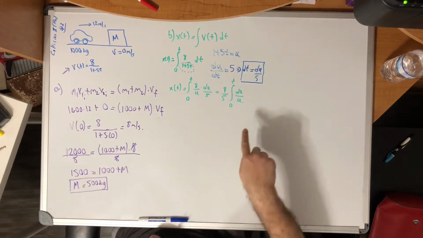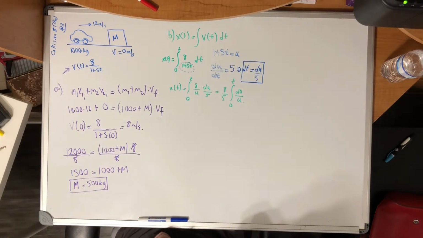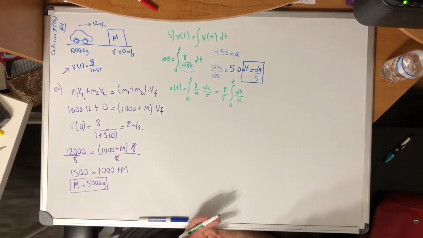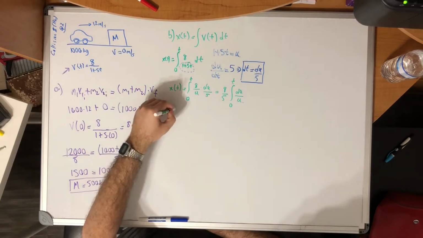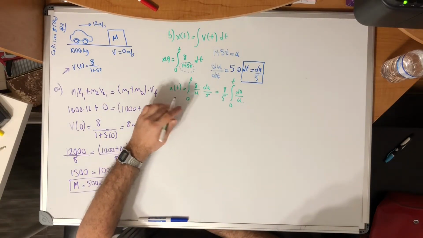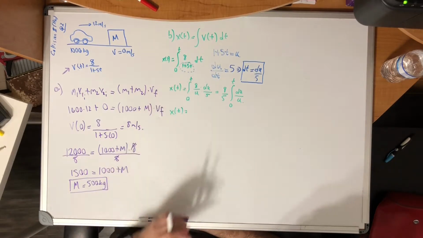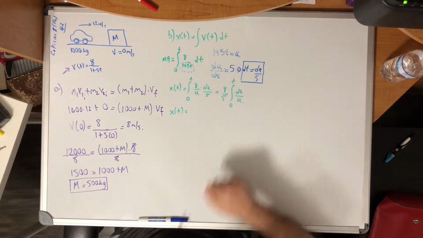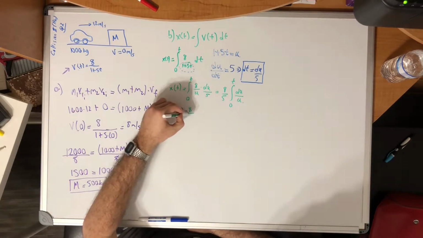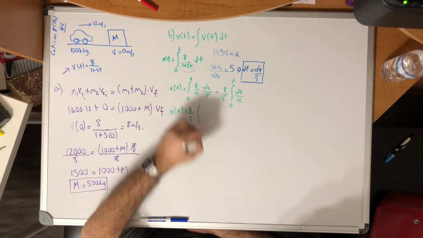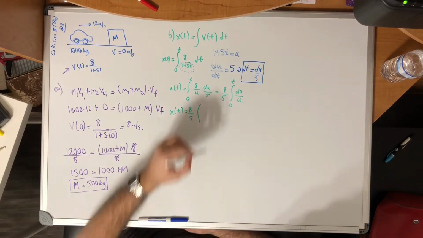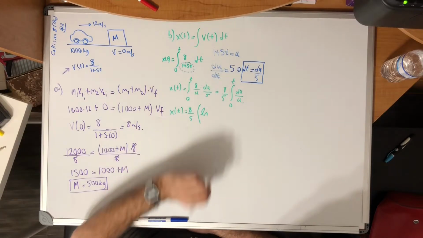Again, that's a special integral right now. 1 over u, or 1 over any function, the integral of 1 over u will be ln. Then my x of t will become, so I can integrate that right now, 8 over 5 outside of the integral, and my integral will be ln u.